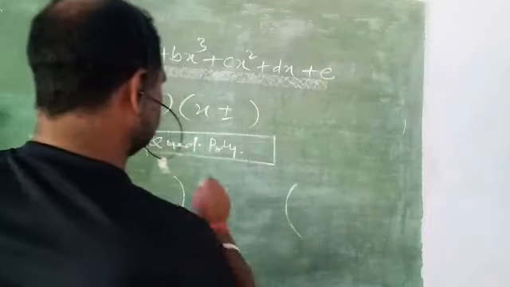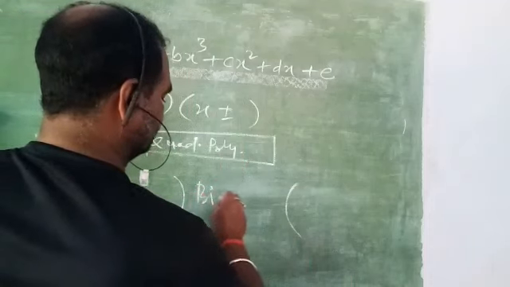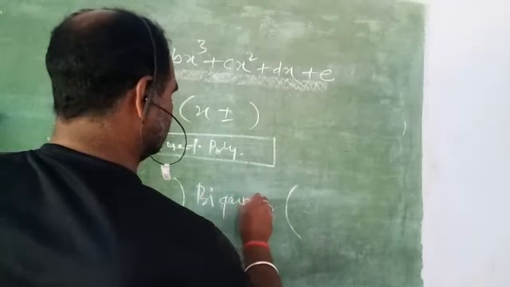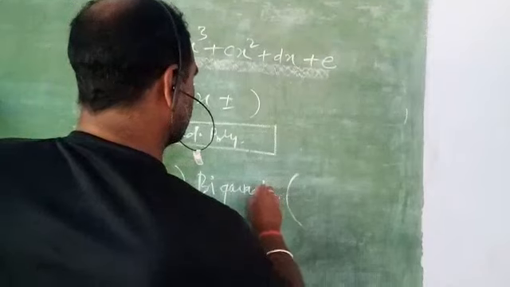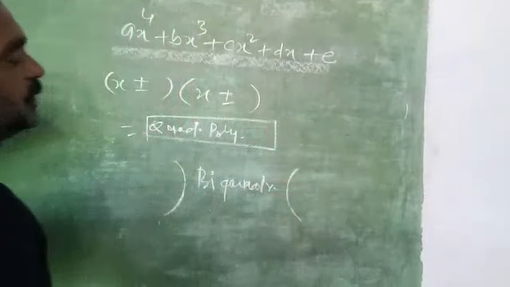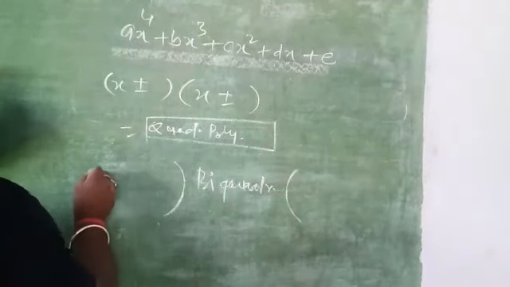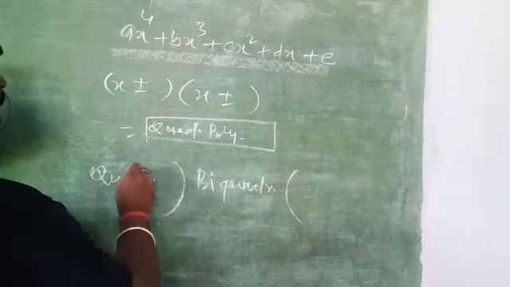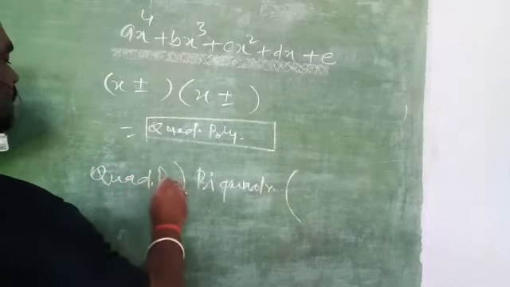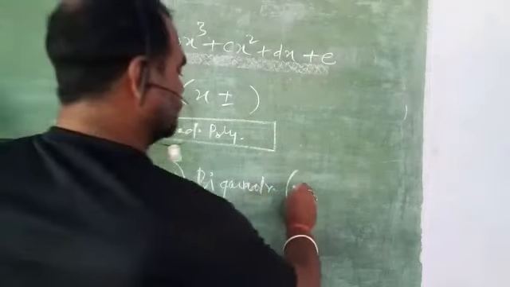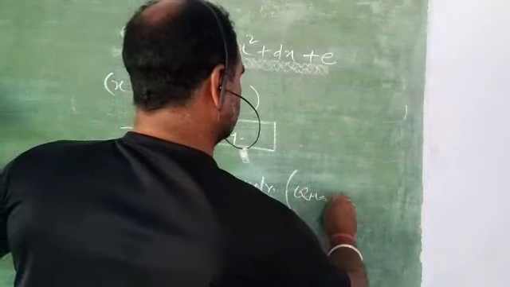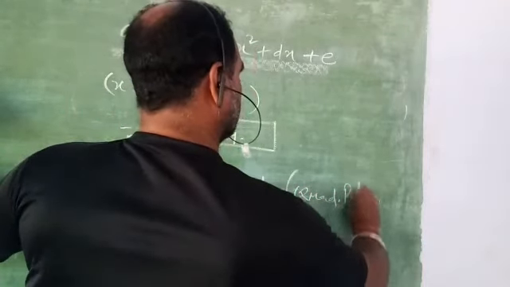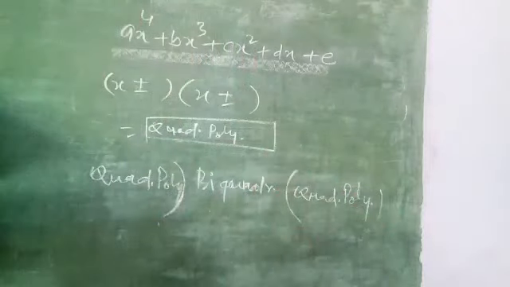When the biquadratic polynomial is divided by a quadratic polynomial, again it gives you a quadratic polynomial.